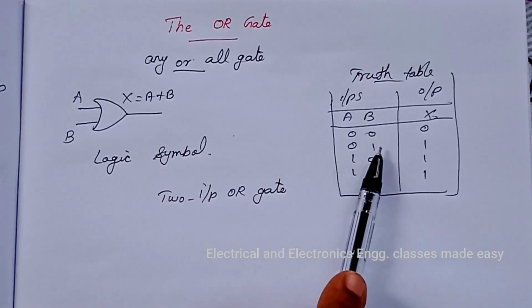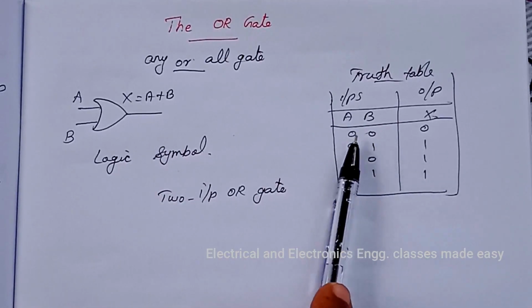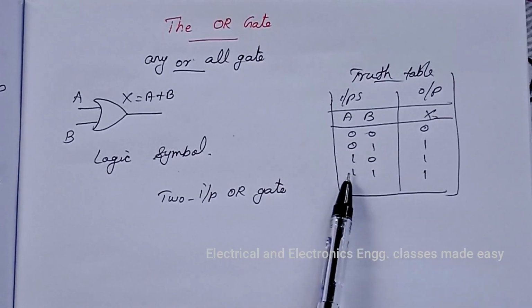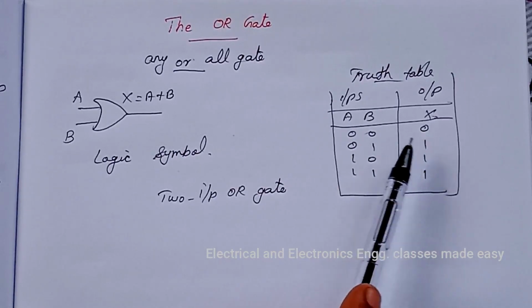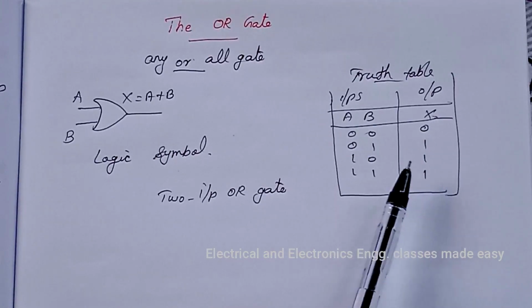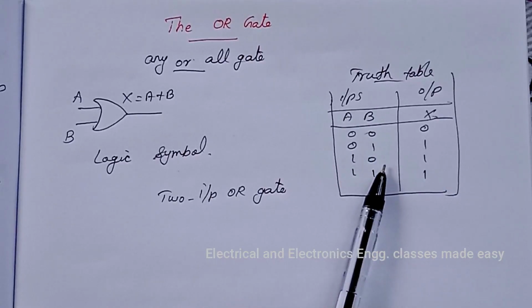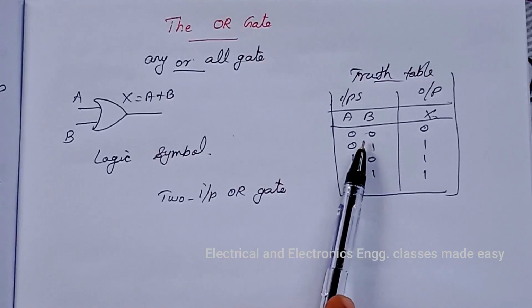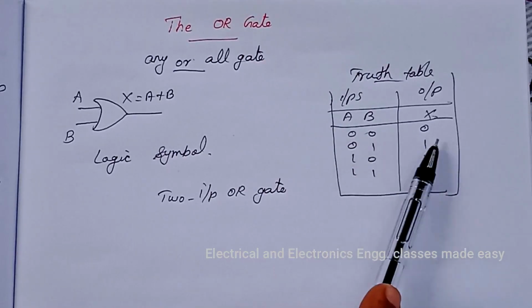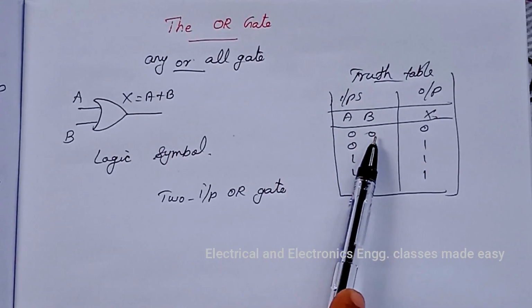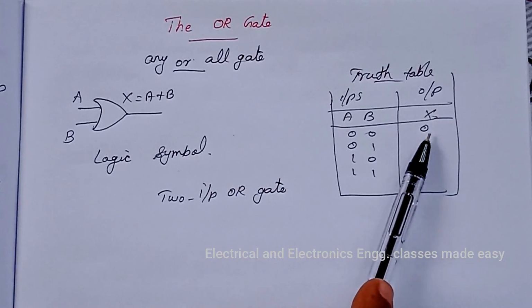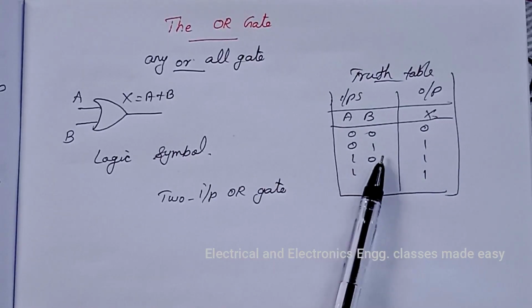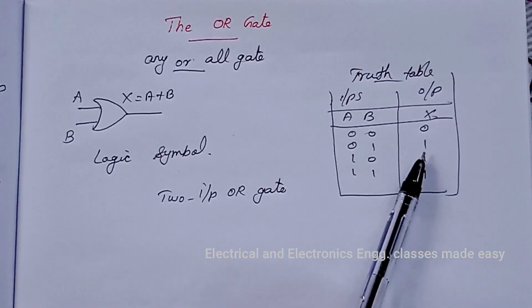These are the input combinations, that is 0 0, 0 1, 1 0, 1 1, and the output is high if any of the inputs is high. If all the inputs are 0, that is 0 0, then the output is 0, and in all other cases the output is 1.